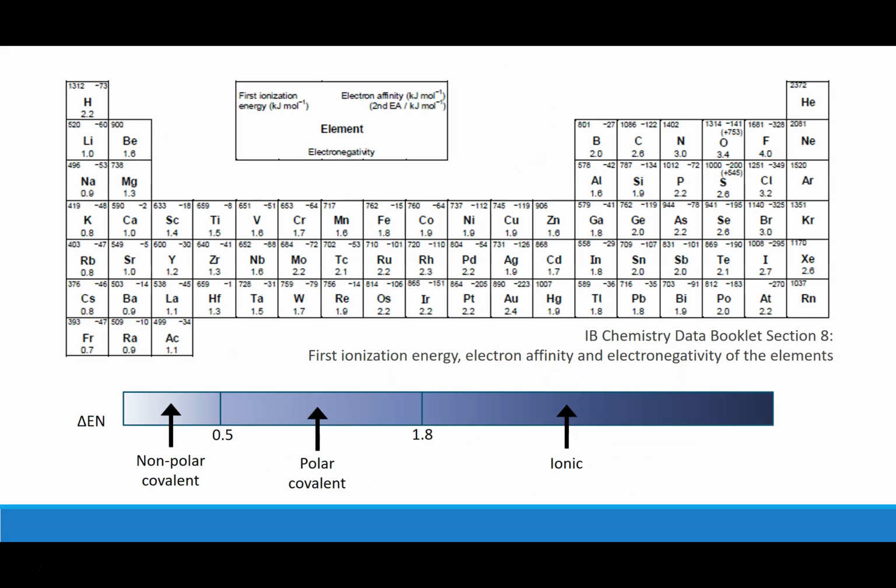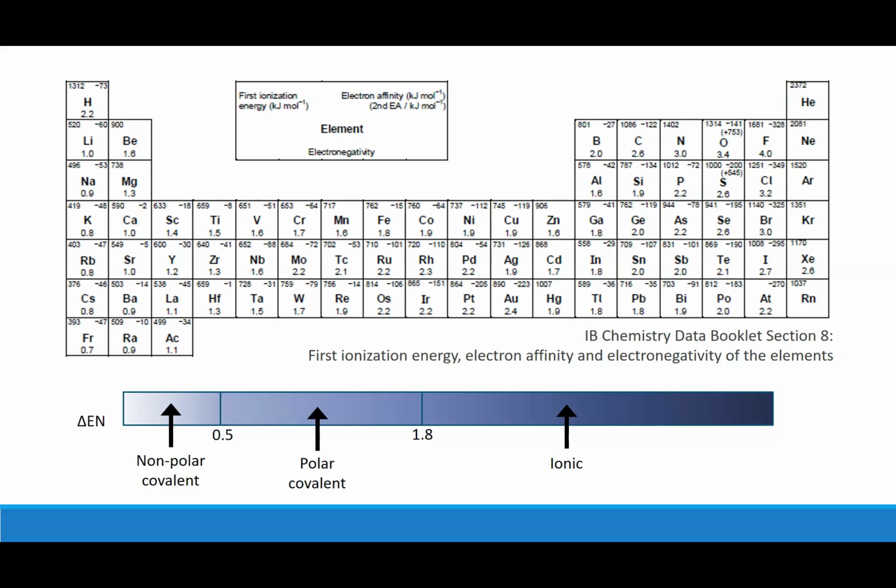We can tell whether a covalent bond is polar or nonpolar by calculating the electronegativity difference between the two bonded atoms. If the electronegativity difference is below 0.5, we would consider the bond to be nonpolar covalent. If the electronegativity difference is from 0.5 to 1.8, then we say that the bond is polar covalent.